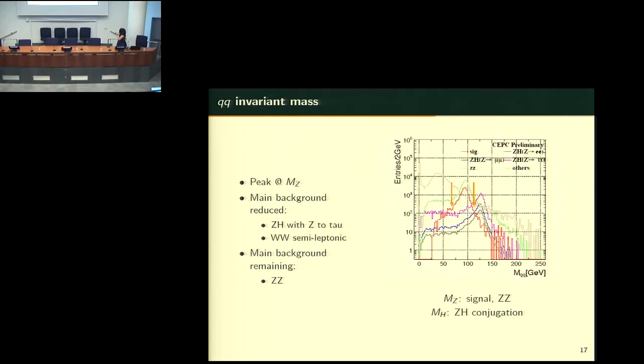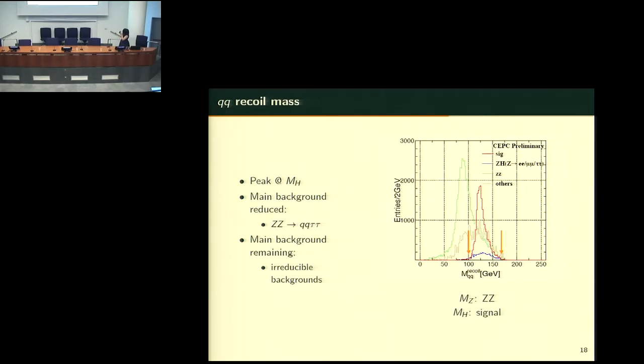And for the QQ invariant mass, we can see the signal should peak at the mass of Z, but for the ZH conjugation background, as shown here, it peaks at the mass of Higgs. It's obvious.